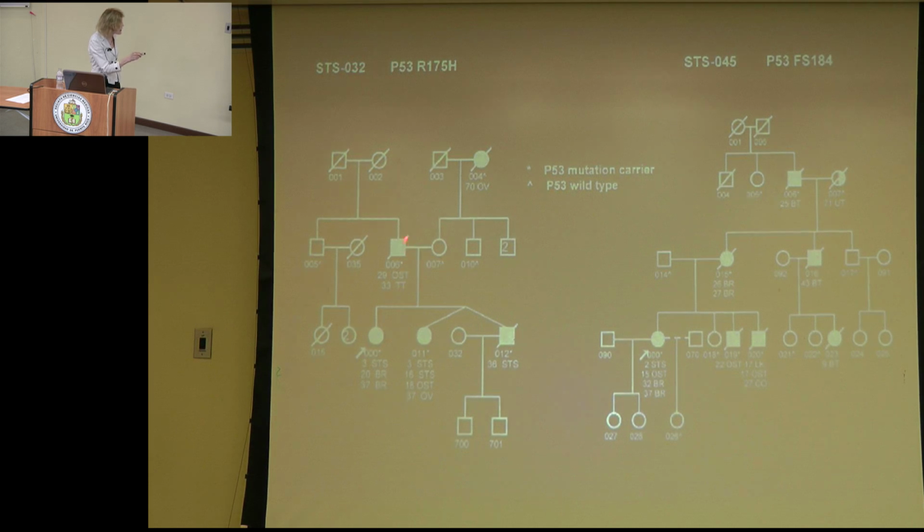So in each case, we have a proband with a childhood sarcoma and multiple primary tumors, siblings with young onset cancers and multiple primary tumors, parents with young onset cancers. So it's hard for me to accept the idea that this is a much worse mutation to have than this one.